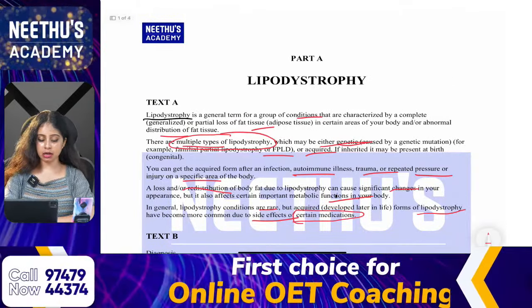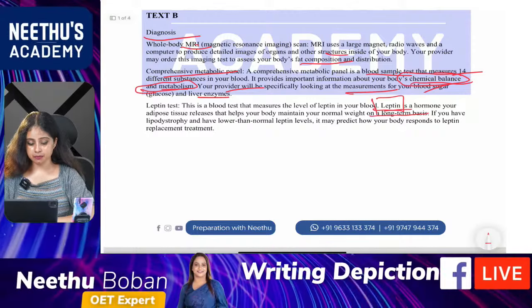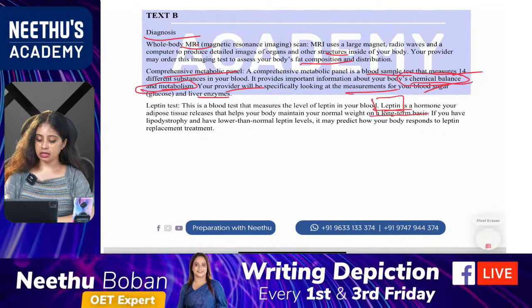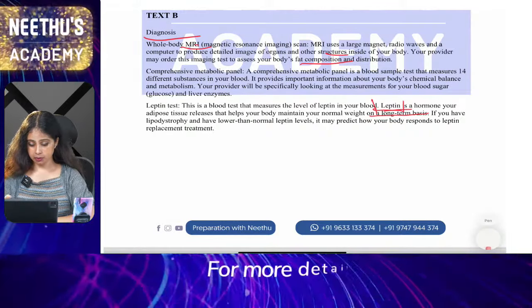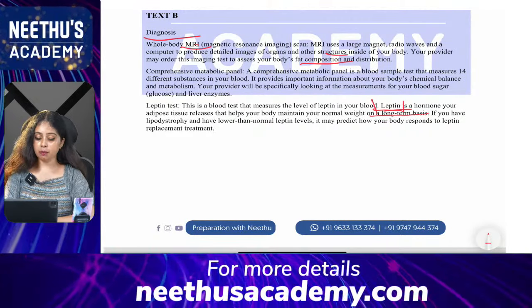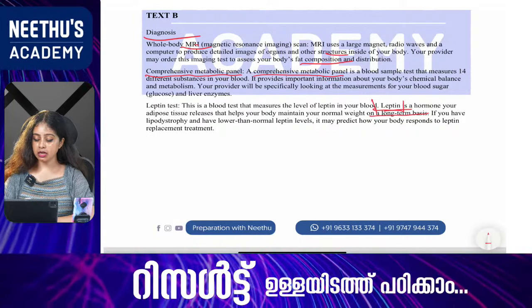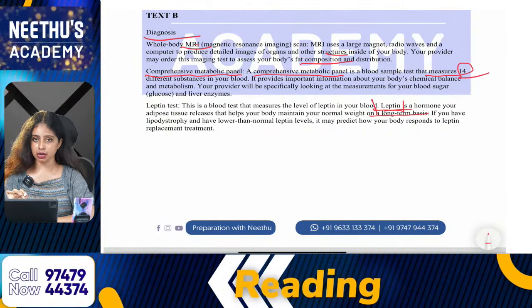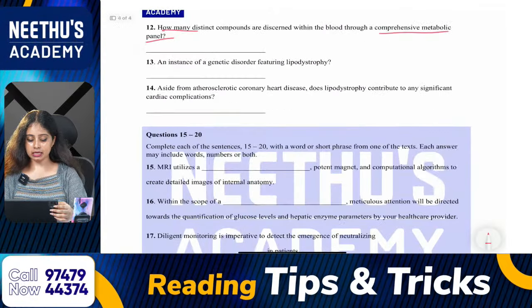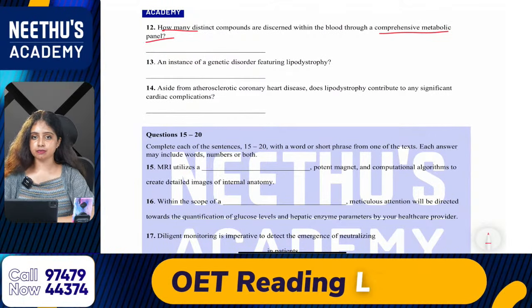The number is mentioned in text B. As you can see here, in the second paragraph, they have mentioned something about the number. A comprehensive metabolic panel is a blood sample test that measures 14. Okay, so the answer is from text B and the answer is 14.